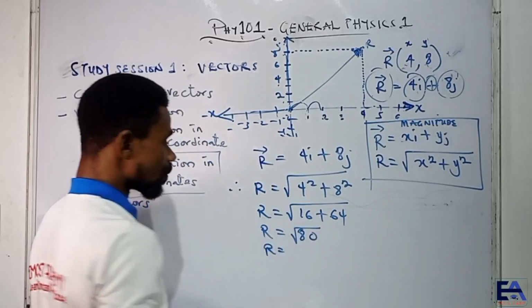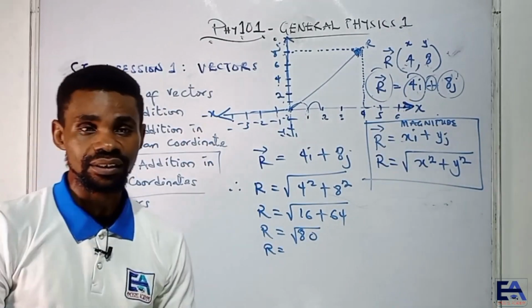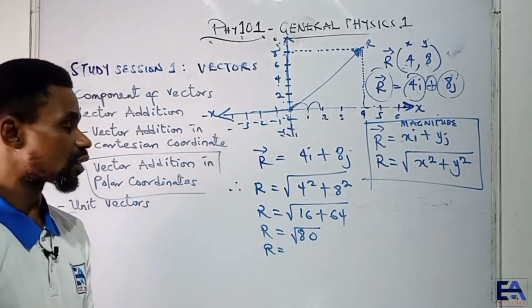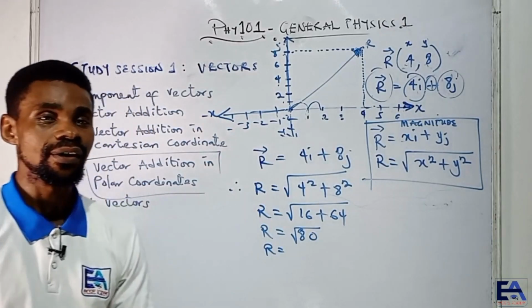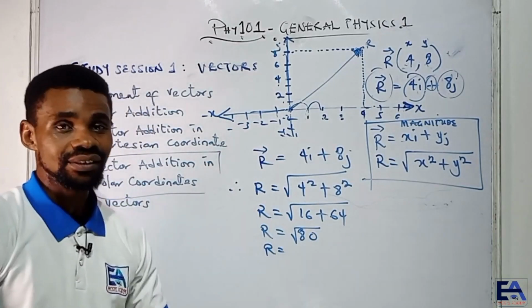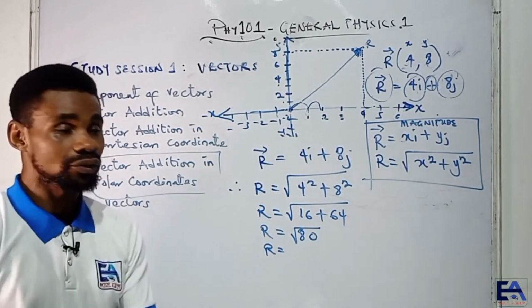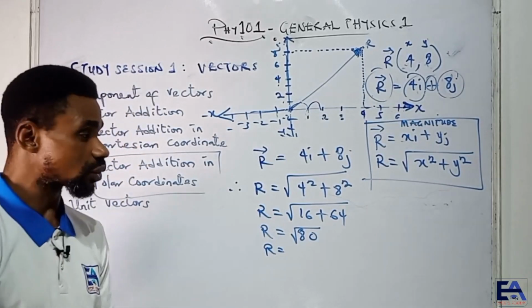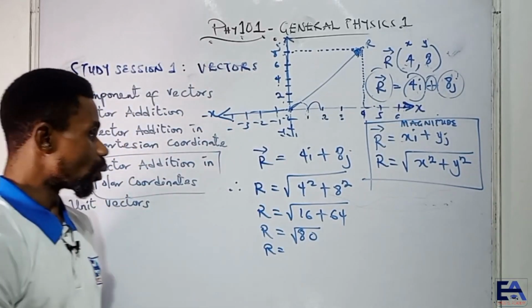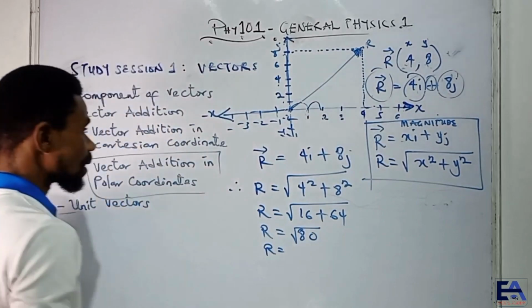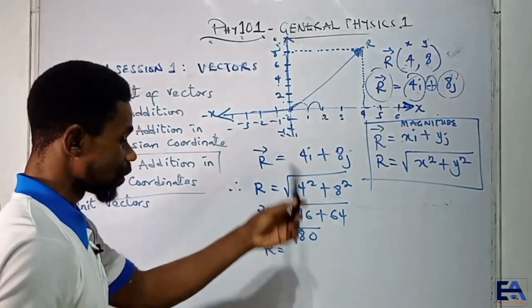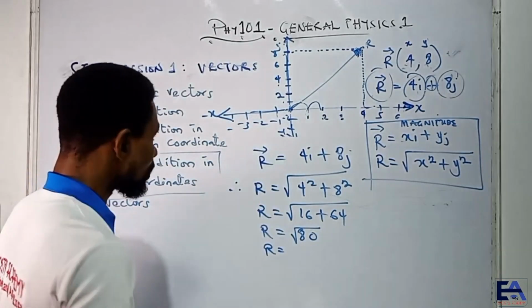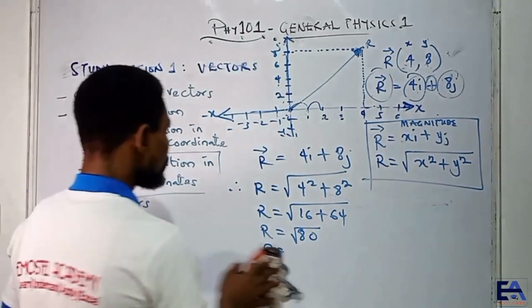So you find the value of the square root of 80, and that is the answer for the magnitude of vector R, the size of the vector R. Whatever answer you get, maybe the vector you're trying to represent is in Newton. You can pause the video and write this down to follow up, but I'm erasing it now.